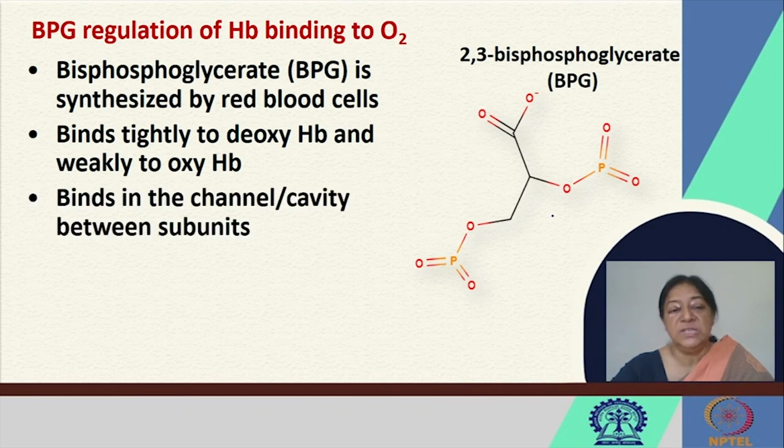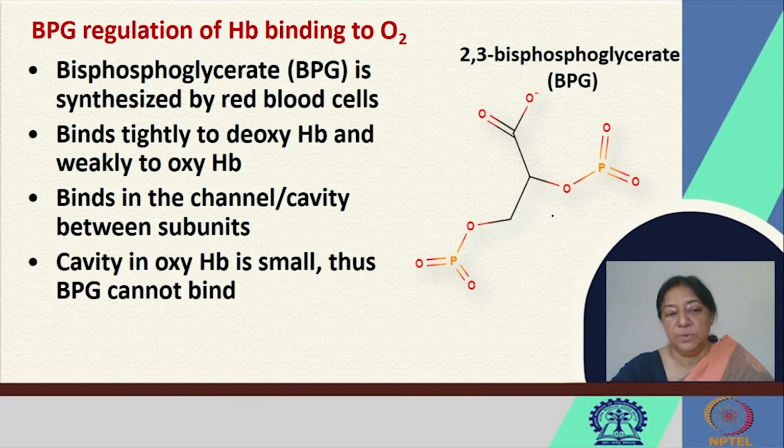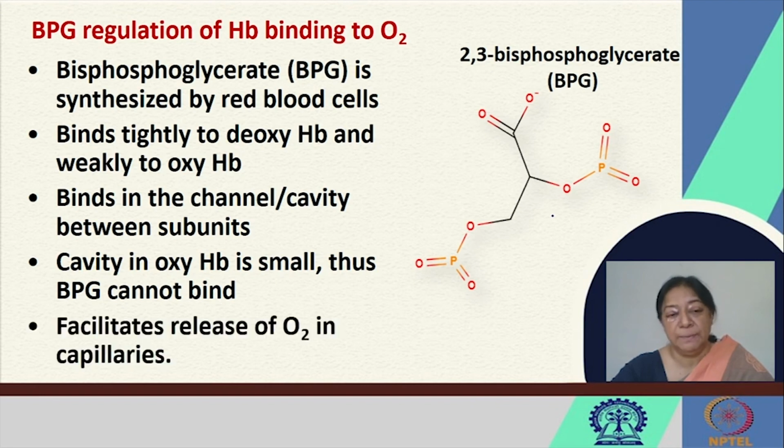The location is the channel or the cavity between the subunits of hemoglobin. We know that hemoglobin has four subunits and BPG binds between these subunits. The cavity in oxyhemoglobin being small, it is unable to bind BPG, but deoxyhemoglobin can, and this facilitates release of oxygen in the capillaries.